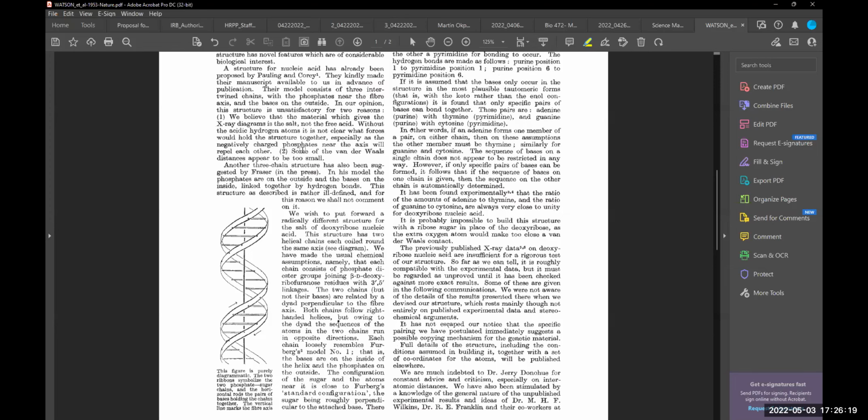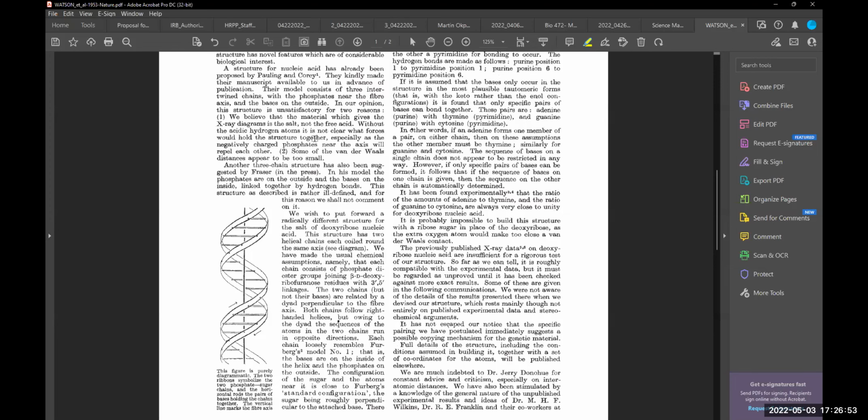So Watson and Crick argue, now read here, we believe that the material which gives the X-ray diagrams is a salt, not free acid. When you look at X-ray diagrams, what are they referring to? I'm 99% sure they're referring to Rosalind Franklin's X-ray structures, because she was an X-ray crystallographer in the UK. And here they argue that without an acidic hydrogen atom, it is not clear what forces would hold the structure together.